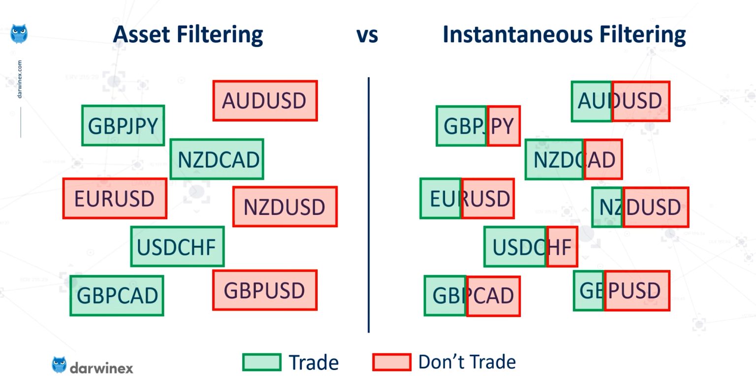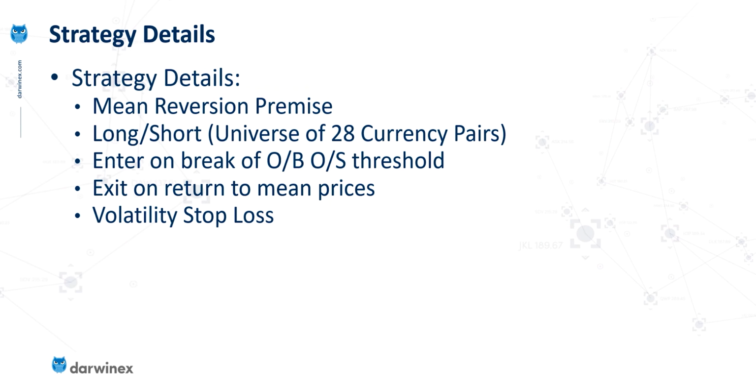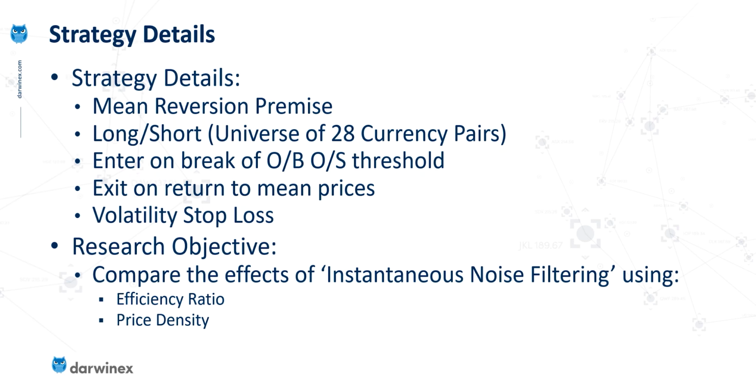So to keep things completely consistent with the previous research, we're going to use exactly the same mean reversion strategy, but this time we're going to look directly at whether the efficiency ratio or price density better informs our instantaneous noise filtering technique.